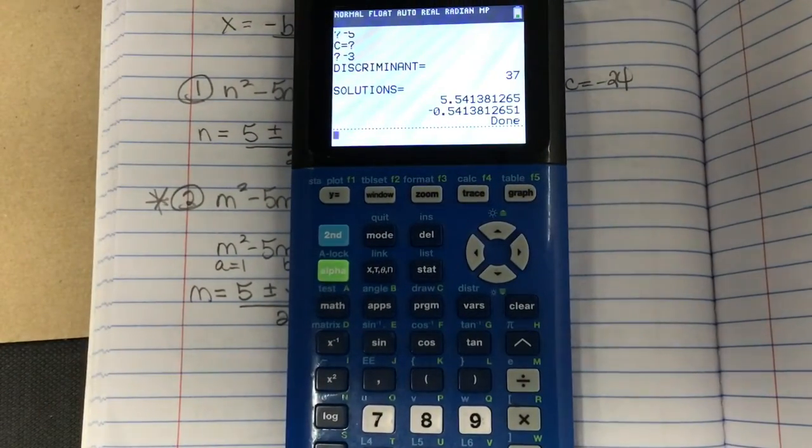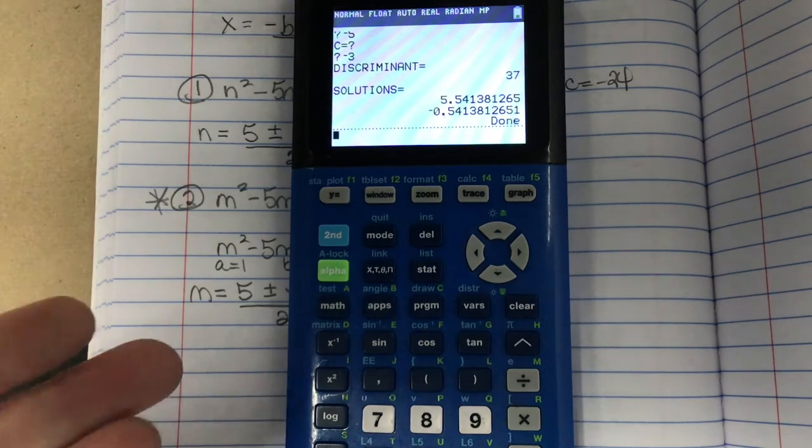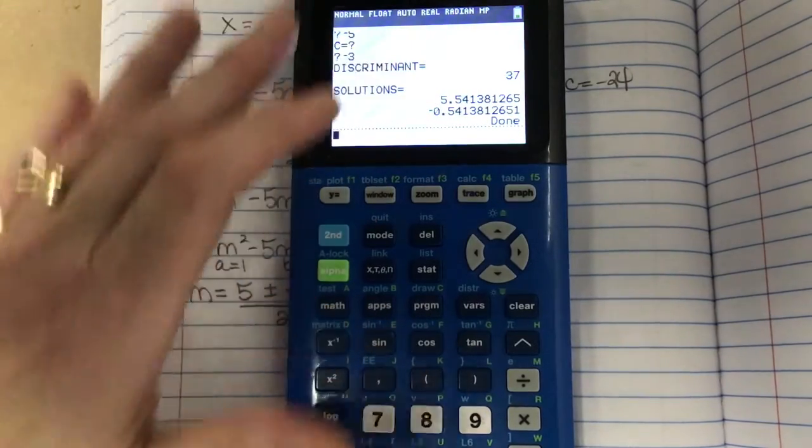Now, we might need those at some point in mathematics. Most of the time, we leave our answers exact. And 37 is not a perfect square. It's 6 point something, probably 6.1. So at this point, this is not valuable to us. In some cases it will be.